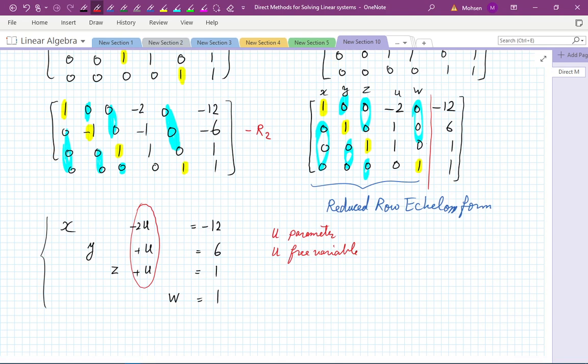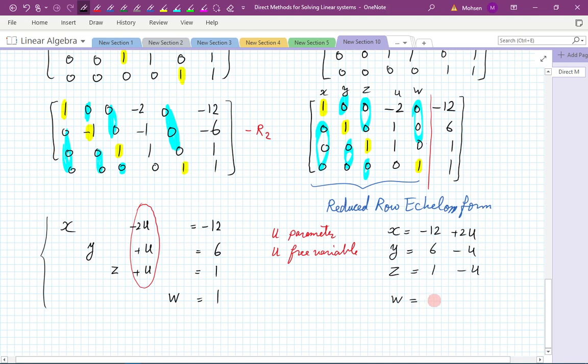Let's go ahead and write this thing. See how my equation looks like. My equation is going to read like x is minus 12 plus 2u, y is going to be 6 minus u, z is going to be 1 minus u, and w is going to be, well, w is just 1.